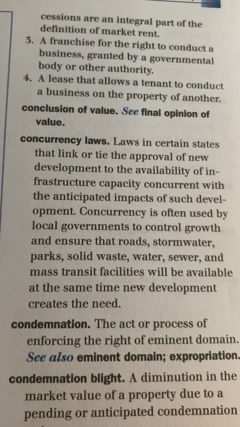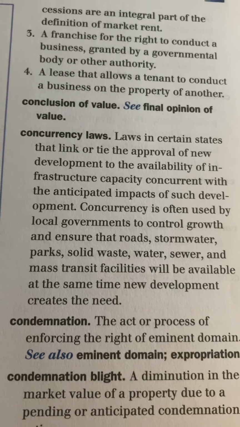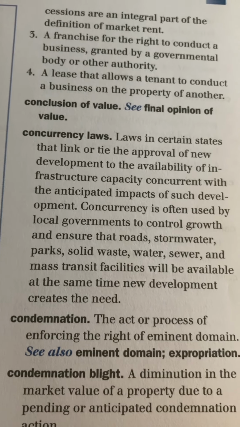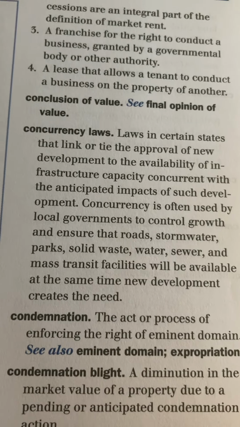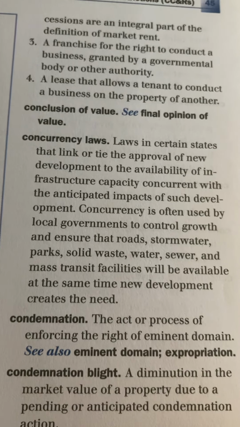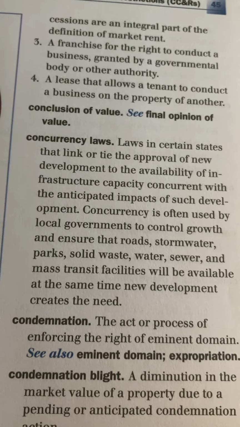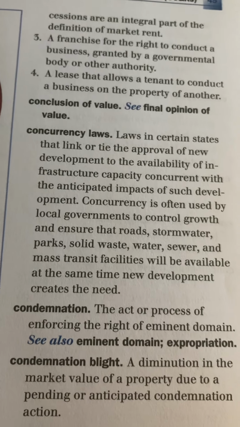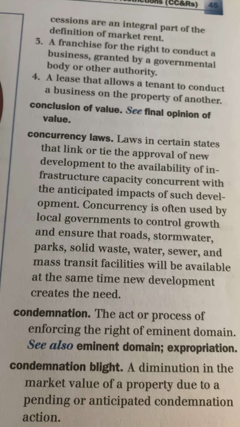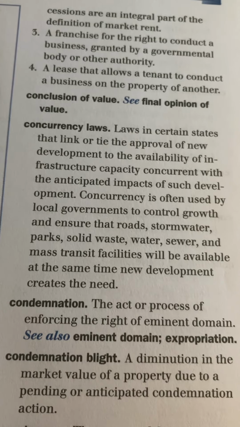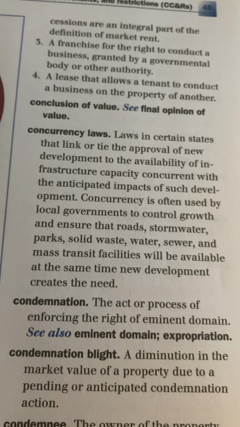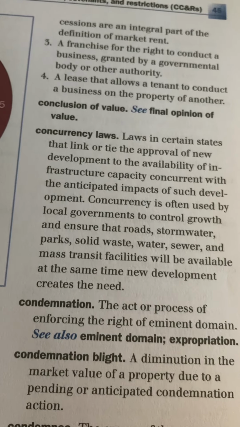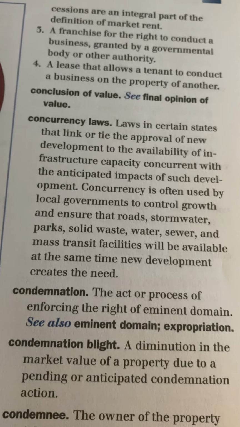Concurrency is often used by local governments to control growth and ensure that roads, stormwater, parks, solid waste, water, sewer, and mass transit facilities will be available at the same time new development creates the need.